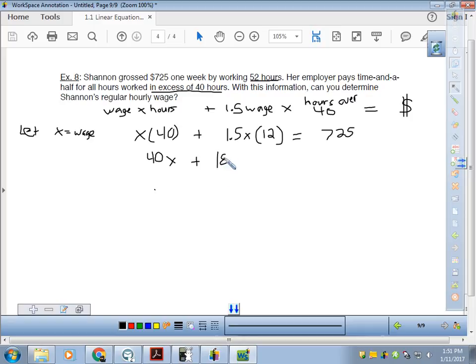So this is 18X equals 725. Add these together, 40X plus 18X gives us 58X equals 725. And we'll divide both sides by 58 to solve for X.